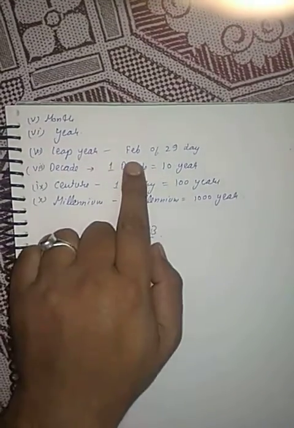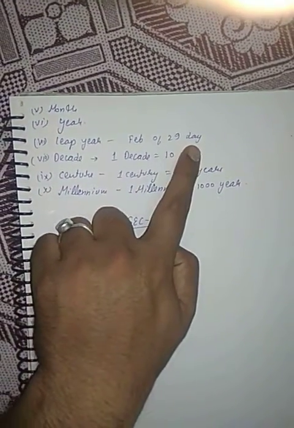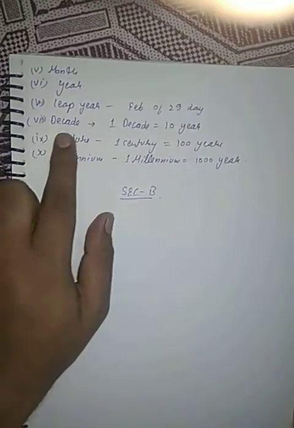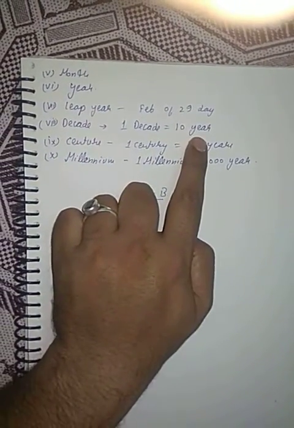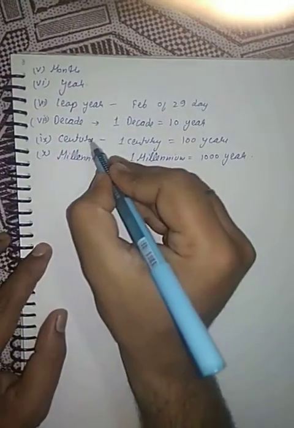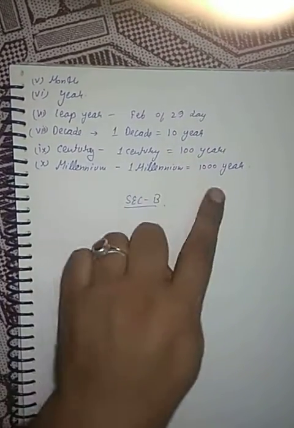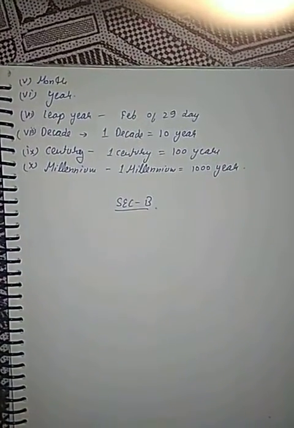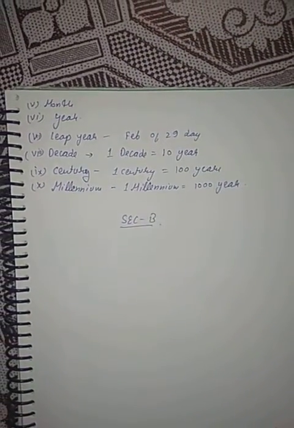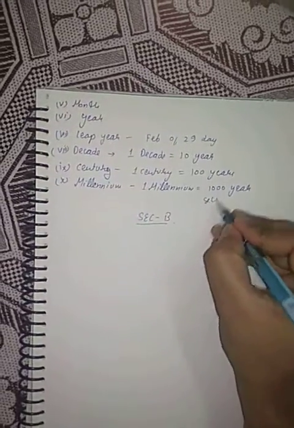Leap year, only the difference is that February has 29 days. The rest is same. Decade, 1 decade equals 10 years. Century, 1 century equals 100 years. Millennium, 1 millennium equals 1000 years. All these are units of time, but we have to go to the SI unit, and the SI unit is second.